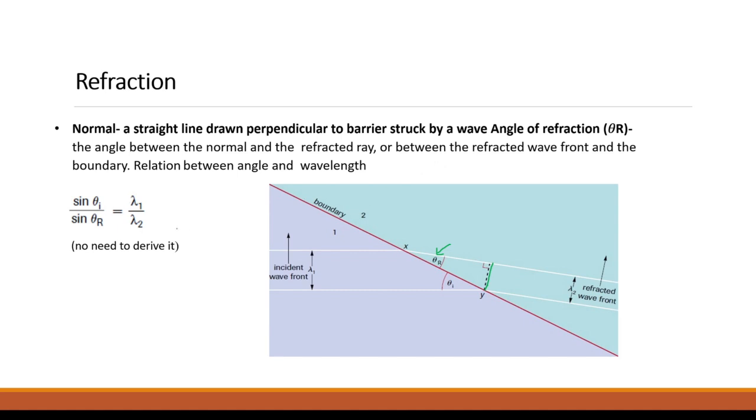And so we're not going to go over the math, but from this diagram we can derive a useful formula, which is sine theta of incidence over sine theta of refraction, and we have lambda 1 over lambda 2 is equal to it. We'll use that in the next few slides.